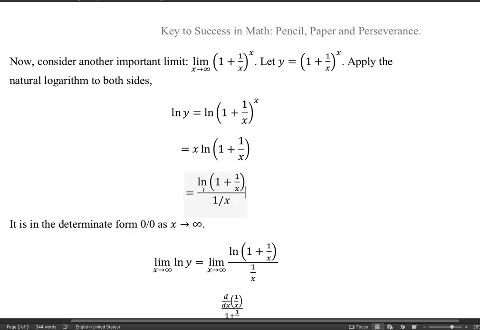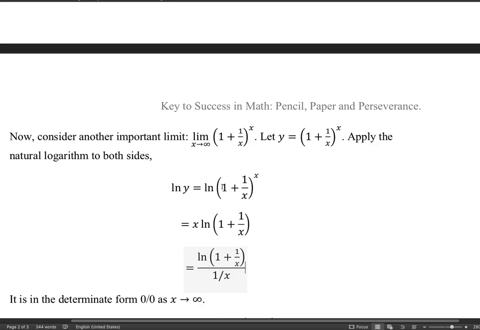The reason I want to tell you is that by doing this conversion, I'm thinking to consider the limit of this logarithm of y here, which is the same limit as this. As x approaches infinity, this is 1 over x, so the denominator is 0. The numerator, as we mentioned earlier, 1 over x approaches 0, so the numerator approaches ln of 1.